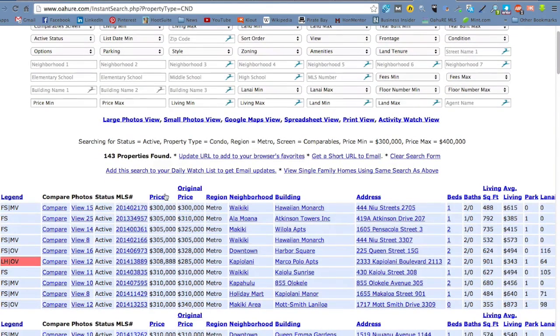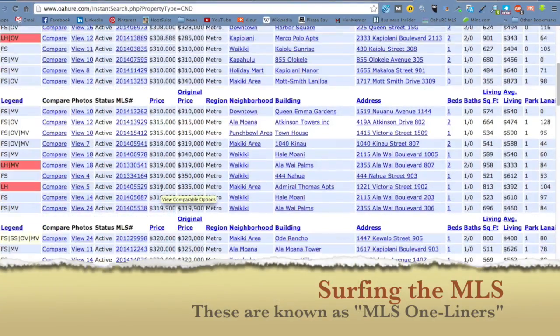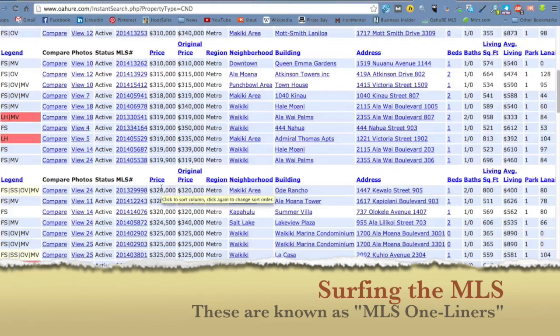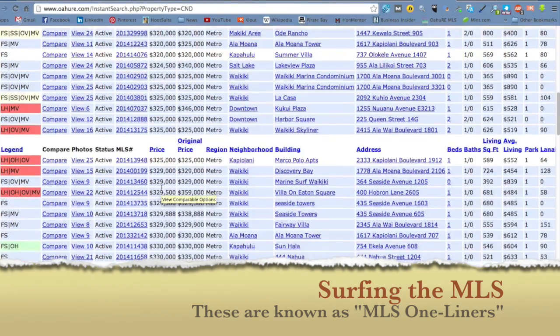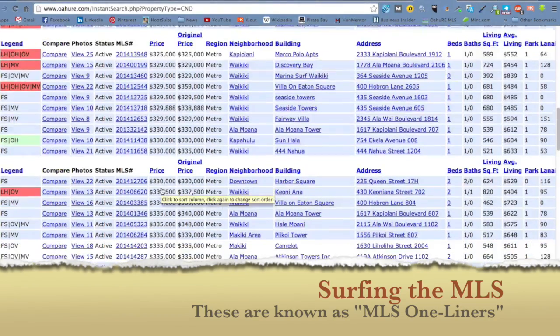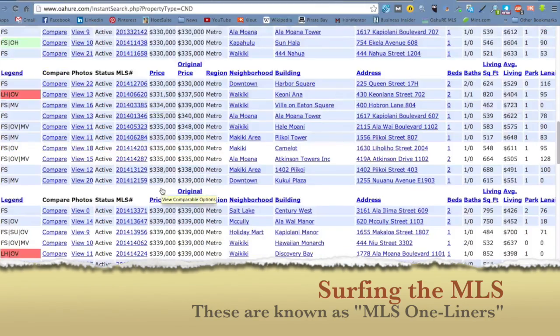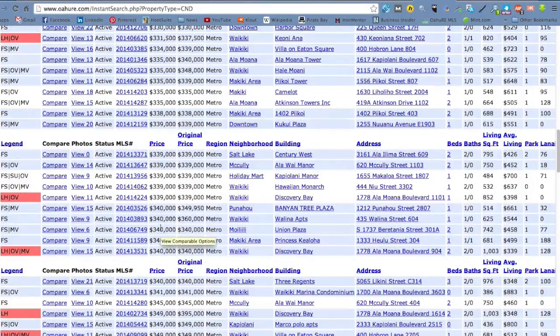What I'm looking for now is the current price. This column is the original price. I'm going to scroll down and look for something that recently sold or is now being listed right at the same price that I'm buying at. So I am buying at $340,000, and it looks like, here we go, we've got something right at $340,000.